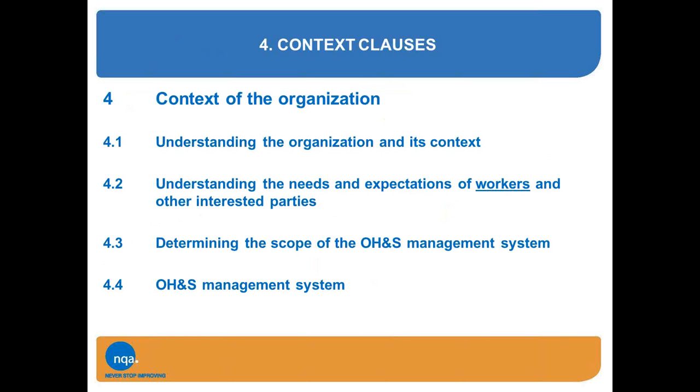Other interested parties may include stakeholders, as in owners, as in neighbours, suppliers, etc. And once we understand the organisation and its context, what it's trying to achieve, and what its expectations are of its interested parties, then we can determine the scope of the management system. And then we can look at how we develop the management system around that scope.